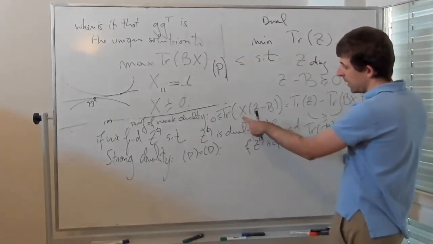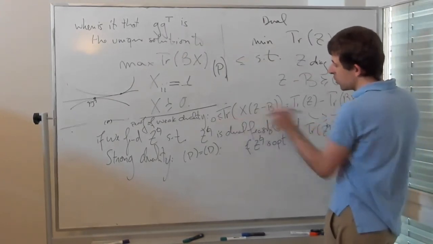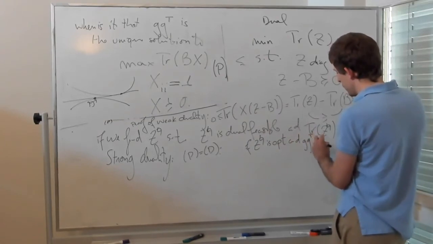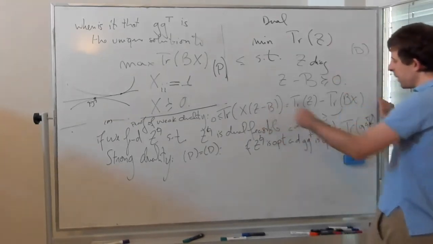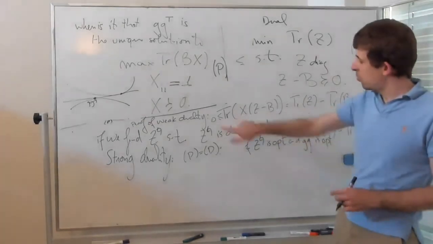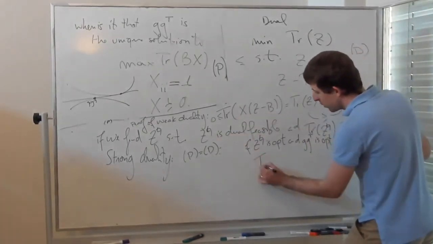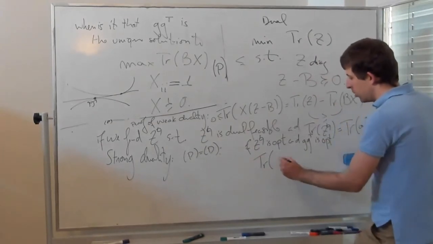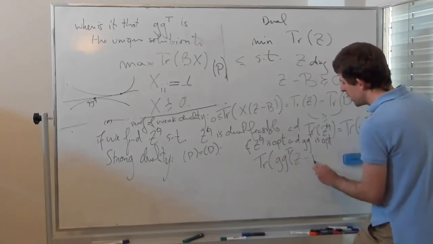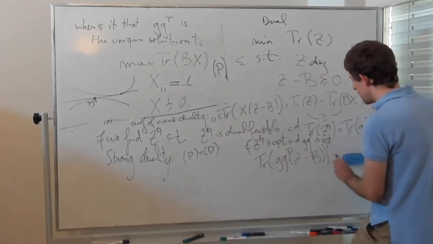And X is optimal, then we know that this needs to be 0, right? And GG transpose is also optimal. It must be that these two values are the same, so it must be that this trace is 0. So it must be that the trace of GG transpose times Z minus B, this needs to be 0.